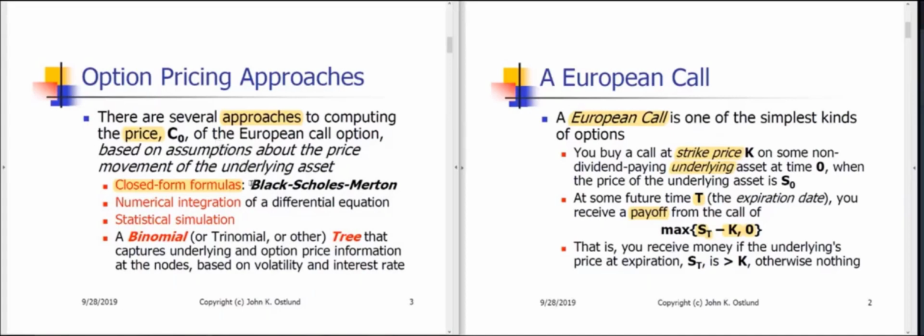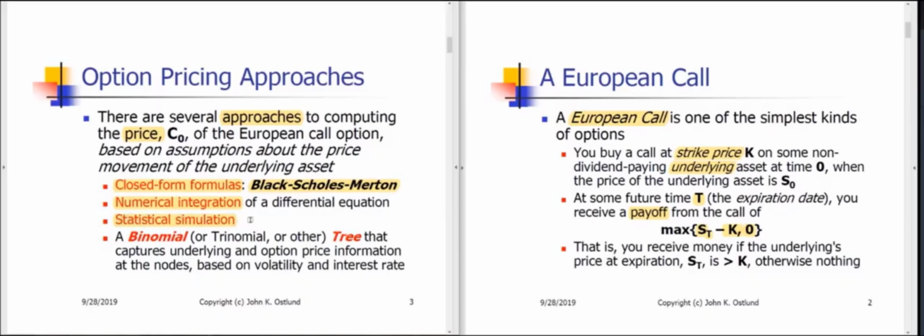And in fact, for a European call, the Black-Scholes-Merton pricing model does provide us with a closed-form formula. Now, if the parameters of the option contract are defined in such a way that we can't find a closed-end formula, then there are various other approaches that we would have to try. For example, if we have a differential equation that describes the evolution of the value of the option, then numerical integration would be an approach to try.